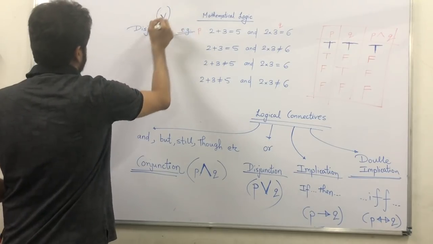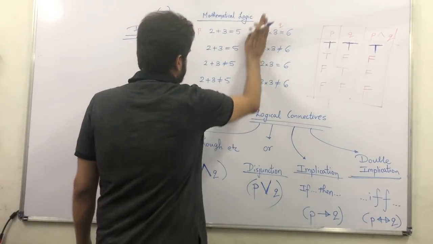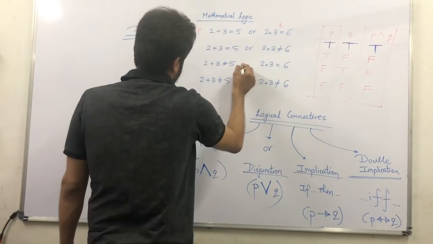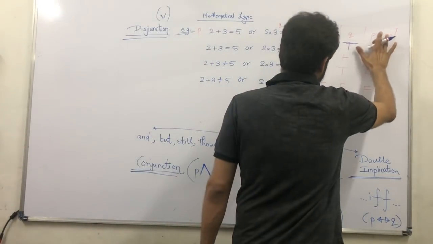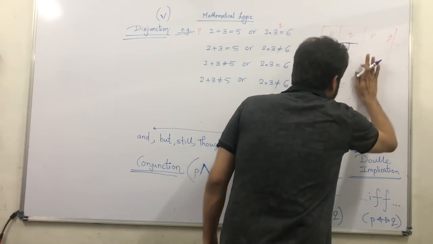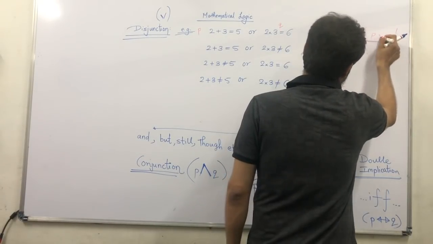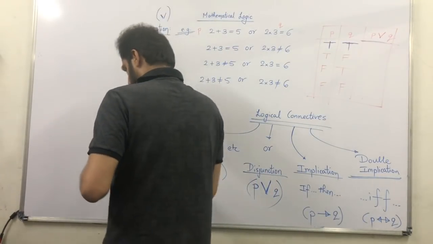This stands for "or". So here everywhere I'm ready to put "or" now. That's it. So 2 plus 3 is 5 or 2 into 3 is 6.